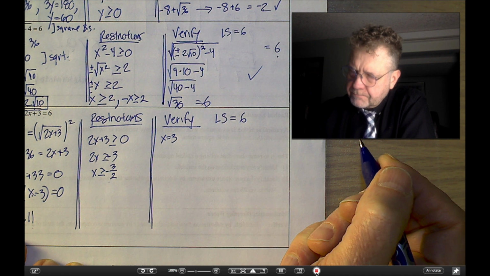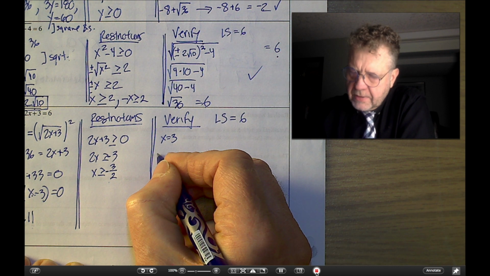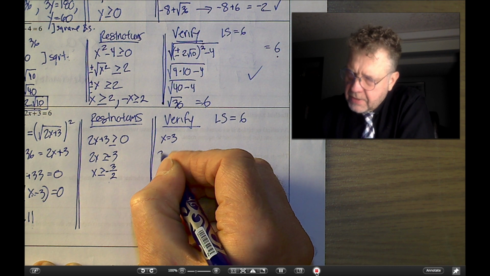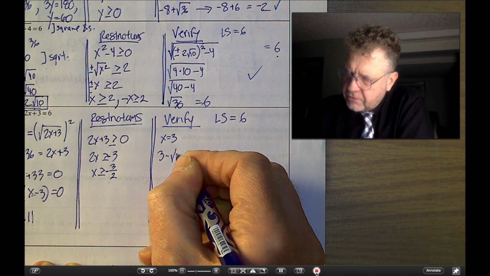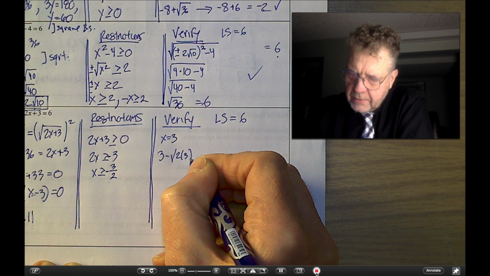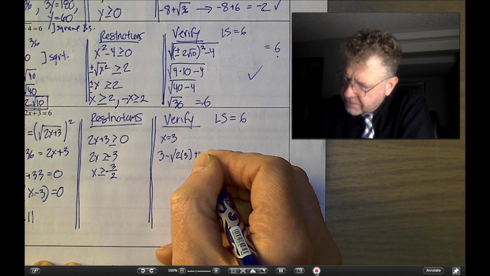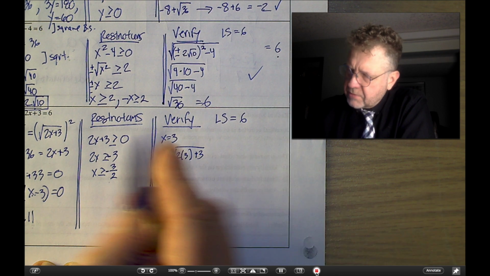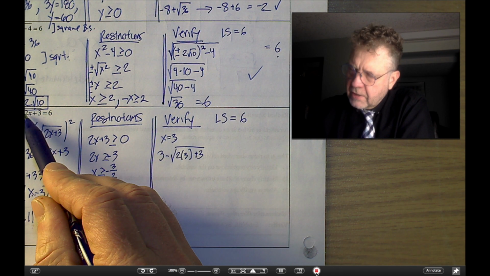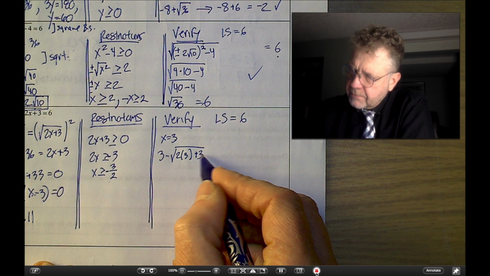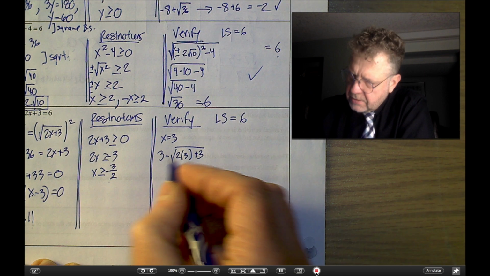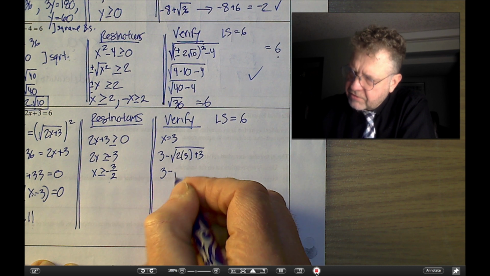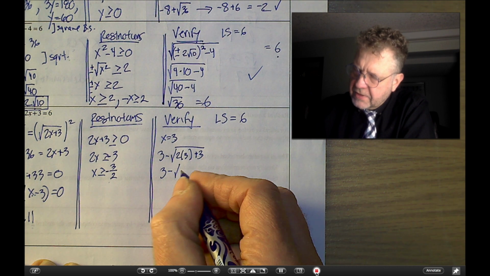Okay? When I have x equals 3, then I've got 3 minus the square root of 2 times 3 plus 3. See what I'm doing there? I'm just substituting x equals 3 in here. So 2 times 3 plus 3. Good. In other words, I'm going to have 3 minus the square root of 6 plus 3, which is 9.